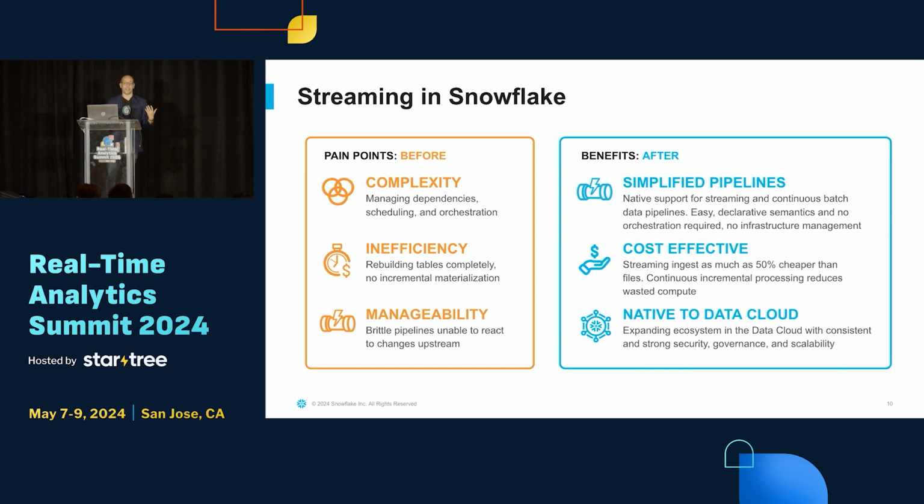It's pretty cool when it's simple. In fact, now streaming rows to Snowflake is way cheaper than streaming micro batches, depending on what type of data you have. And having everything in the data cloud, having everything in a consistent place, sending everything to a well-governed place, that's Snowflake, that's pretty cool.